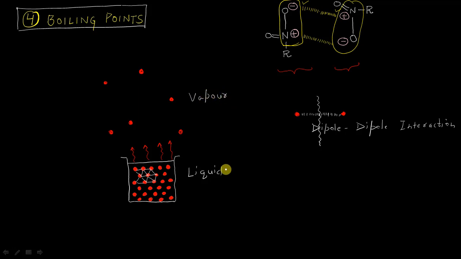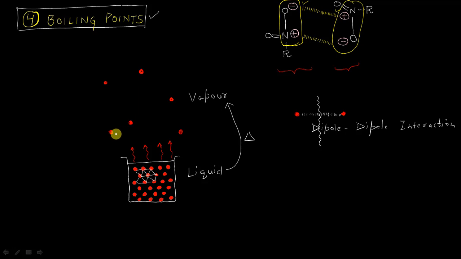And in order to have such kind of transformation, I need to supply some energy in the form of heat here. This is known as the boiling point, or the boiling, in case of any nitro compound, that the molecules are made far apart from each other such that they are no longer having interactive forces between them.